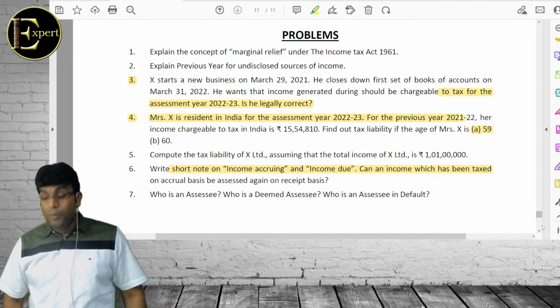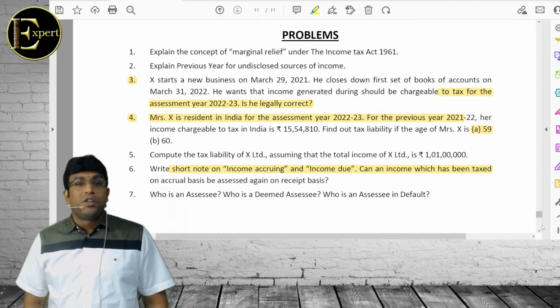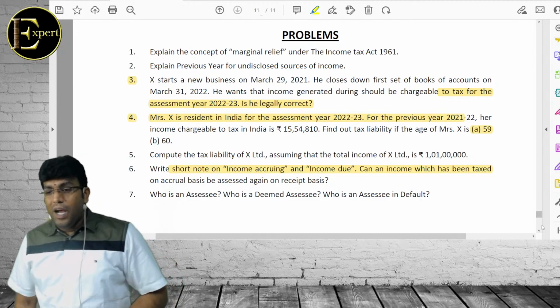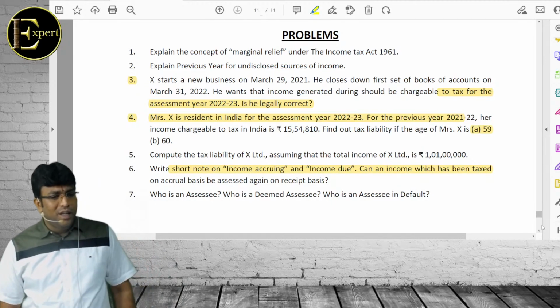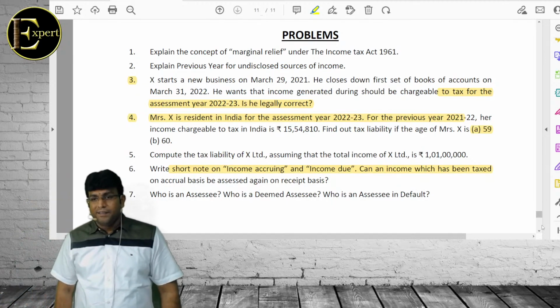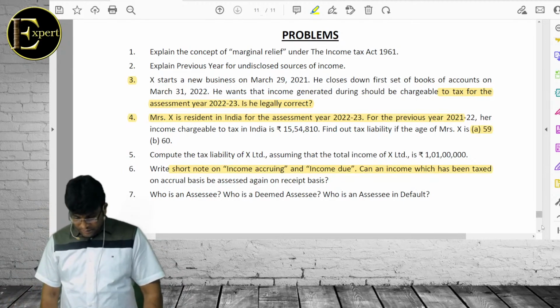What is the answer? Accrue means right to receive. Due means right to enforce the payment. Write it down once, in the material or in your notes somewhere.